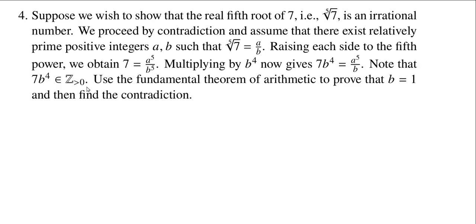Use the fundamental theorem of arithmetic to prove that b equals 1 and then find the contradiction. Well, the fundamental theorem of arithmetic tells me that every positive integer greater than 1 can be written uniquely as a product of primes, where, of course, if it is a prime, that's the whole product.